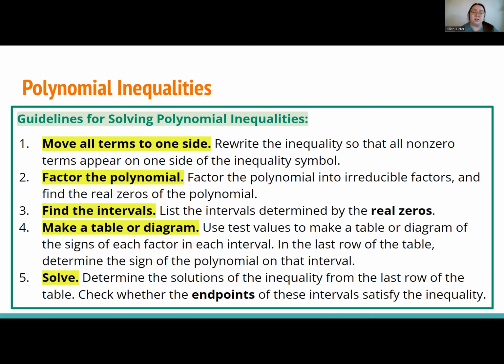Step 4 would be that you want to make a table or a diagram. You use test values to make a table or diagram of the signs of each factor in your intervals. In the last row of the table, you determine the sign of the polynomial in that interval. Since your polynomial has been broken up into multiple factors, you would create a table using each of those factors and each of the intervals, seeing on which interval each factor is positive or negative.